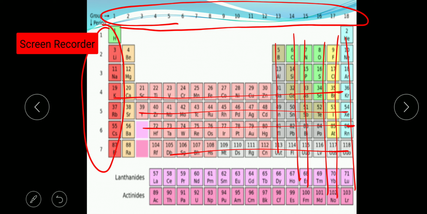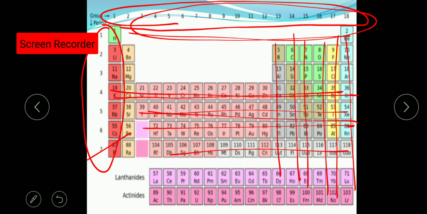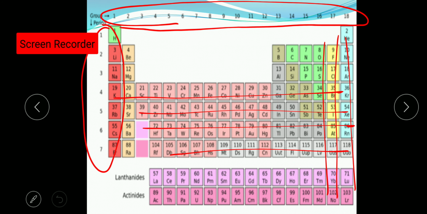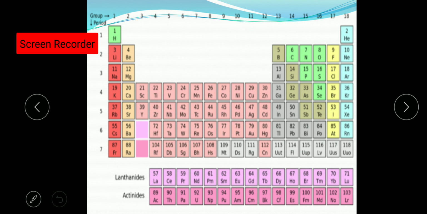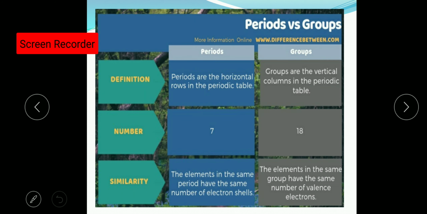Group 18 is the noble elements. So this is the basic difference between periods and groups. Periods are the horizontal rows in the periodic table, whereas groups are the vertical columns. The number of periods is 7 and the number of groups is 18.